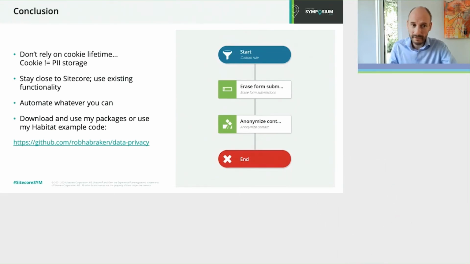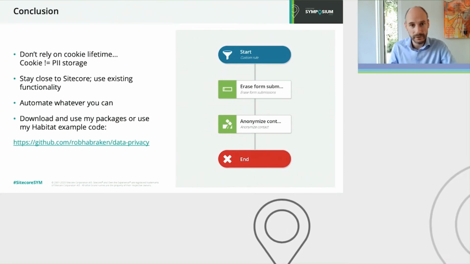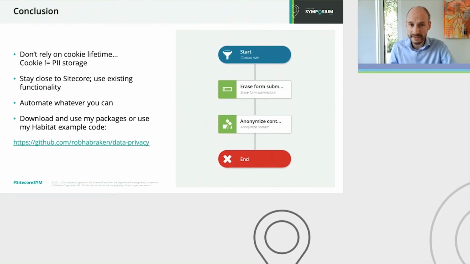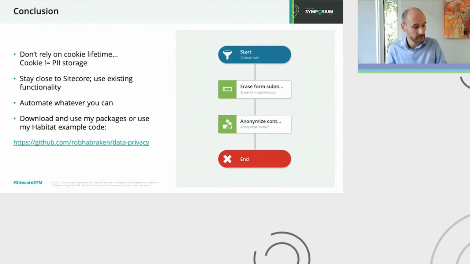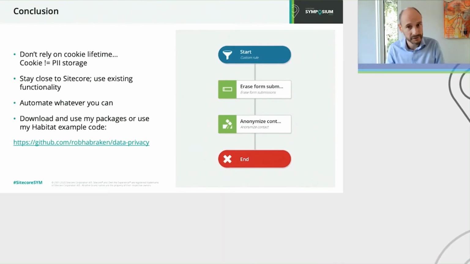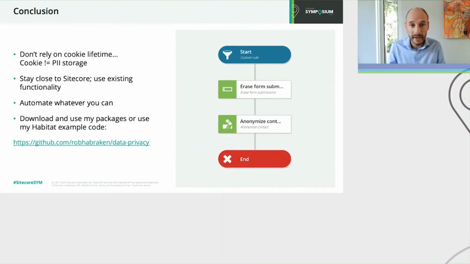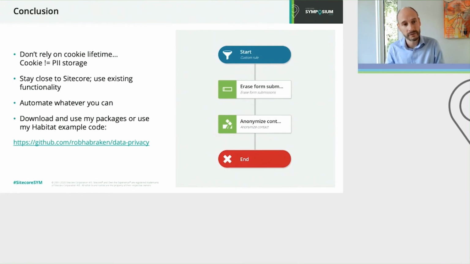And to do so, I advise you to stay close to Sitecore. Use the existing functionality. The marketing automation plans really are great. It's a very powerful tool for you that is quite easy to extend, and you can create all the customizations that you need to create custom activities for your marketers. And it's a very flexible way of organizing your flows.